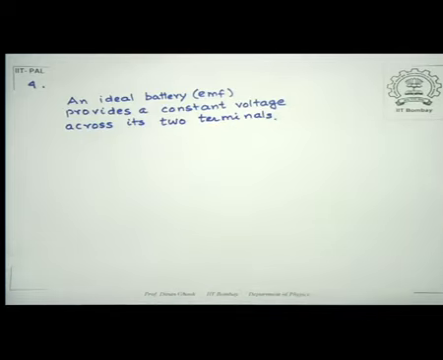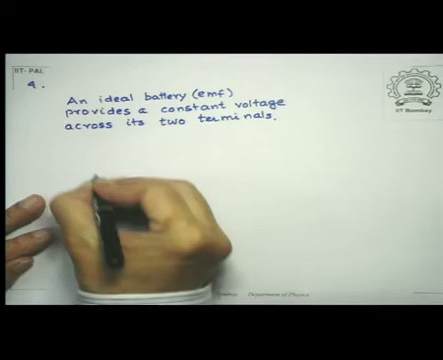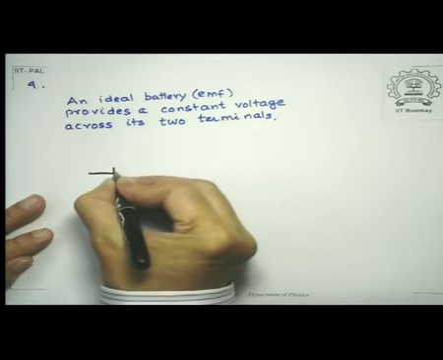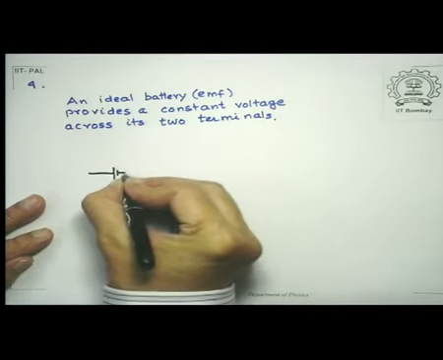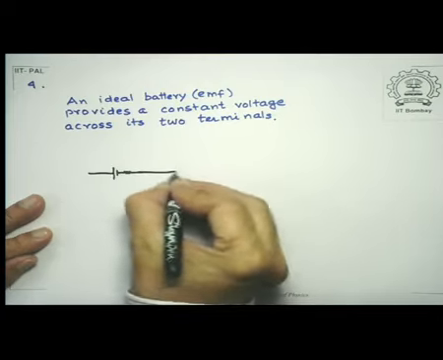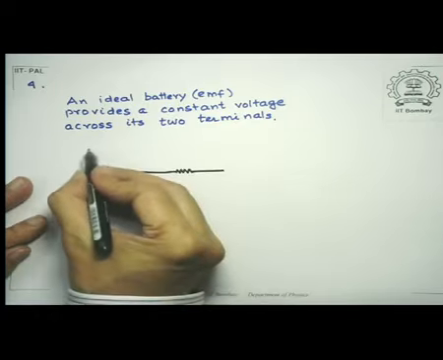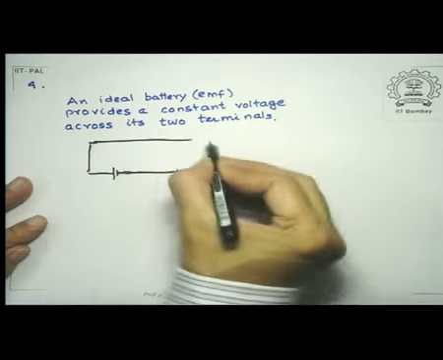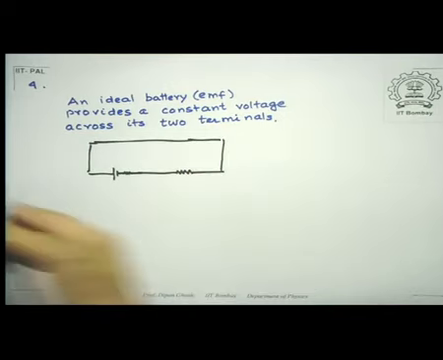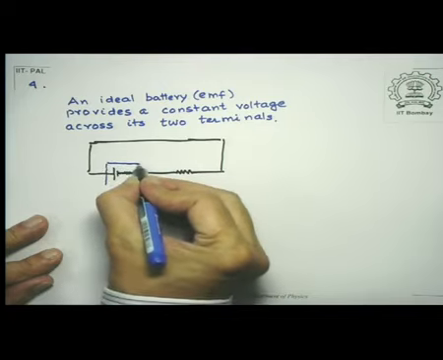So let me draw a very simple circuit, and later on maybe I will do a little more complicated circuit. So this is my source of EMF, and I put a little resistance there. I will explain why. And there is a resistance in the outer circuit. So this is my seat of EMF.